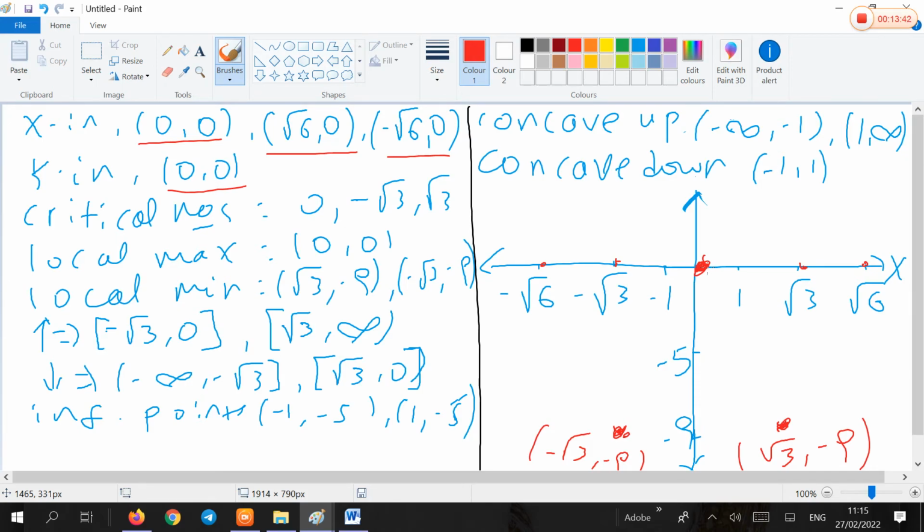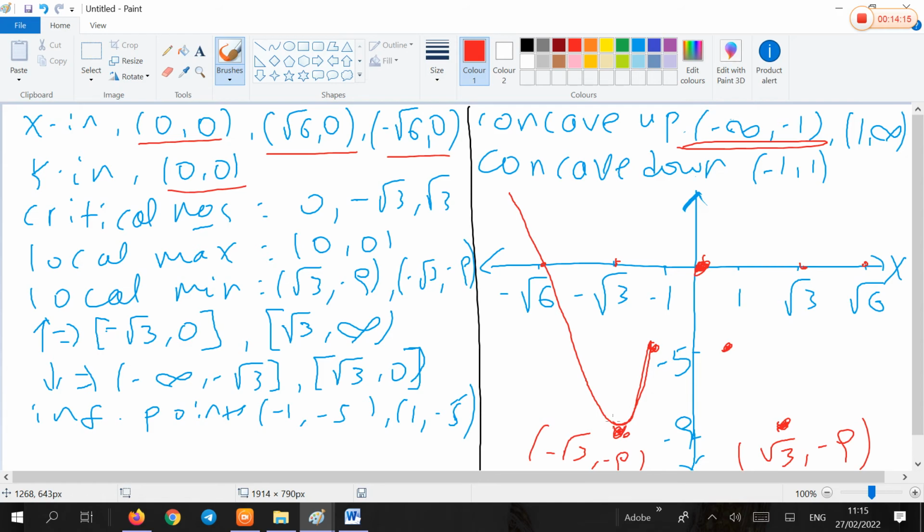The inflection points are negative 1, negative 5 and 1, negative 5. Inflection points are points at which the graph changes from concave upward into concave downward, or from concave downward into concave upward. As you can see from the concavity intervals, the graph is concave upward from negative infinity up to negative 1.